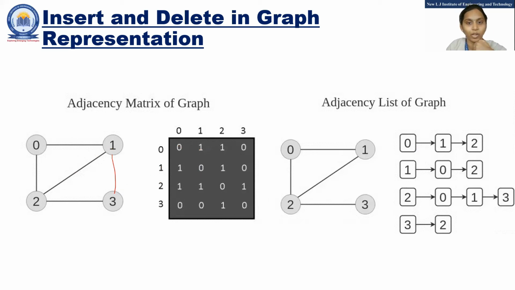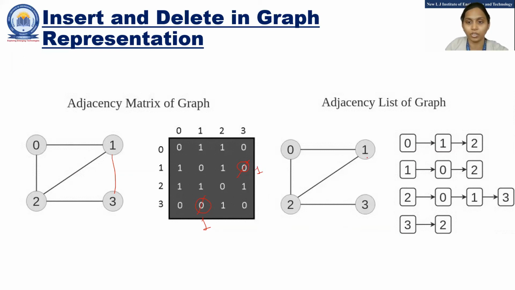For that, you need to make some modification. Where do you need this change? Now you just look at where 1 and 3 are connected. In our graph, you can see 1 and 3 is this position and 1 and 3 is this position. Yes, so these two places need to be modified because the new edge has been introduced. So now this value would be updated with 1.